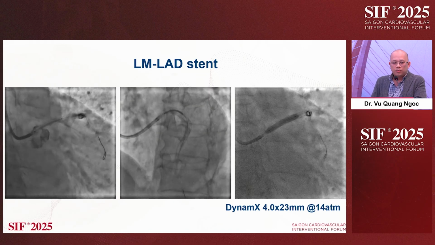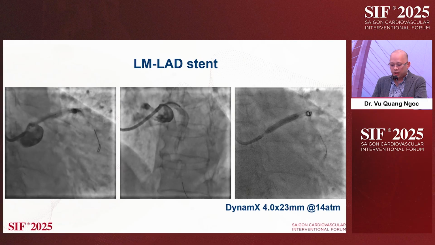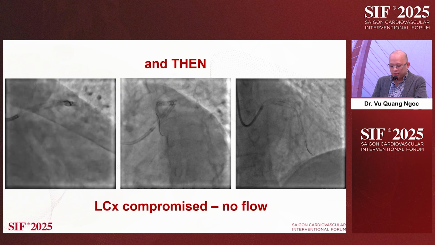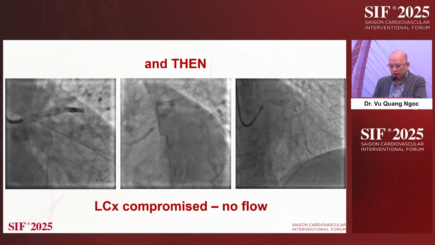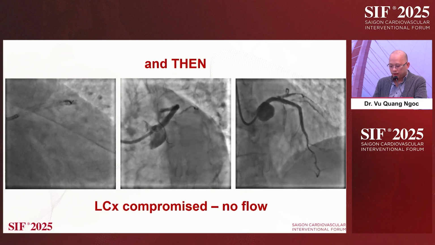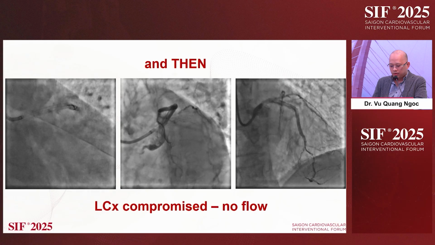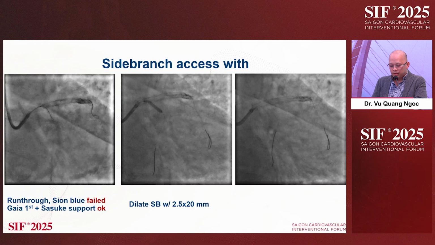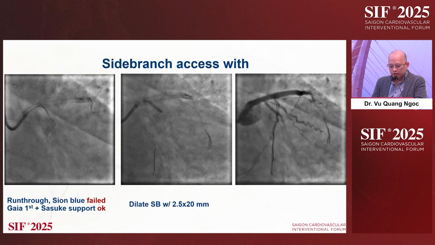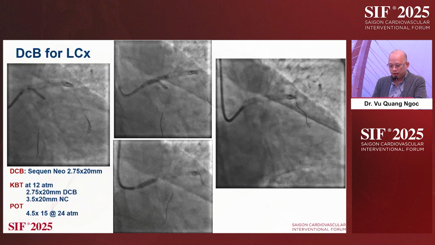What is the role of DCB in this case? We want to show it as a bailout DCB strategy. We missed the side branch, which had no flow after we put the stent in from the left main to the proximal LAD. Then we pre-dilated with a small balloon and put the DCB at the side branch, which is the circumflex, and we did the kissing balloon technique and POT later.